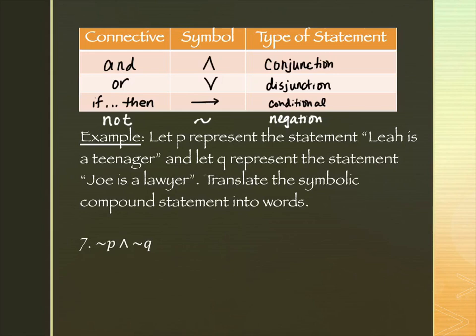So what does the statement say as it's given in the instructions? Leah is a teenager. So what's the negation of Leah is a teenager? Leah is not a teenager, so that's what we're going to write down. We don't put the not at the beginning. I realize it's coming in front of the P, but we have to have our grammar structure so that it makes sense. So we will say Leah is not a teenager.